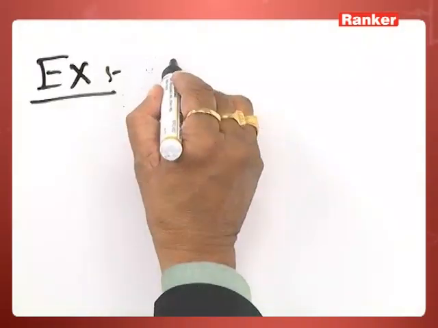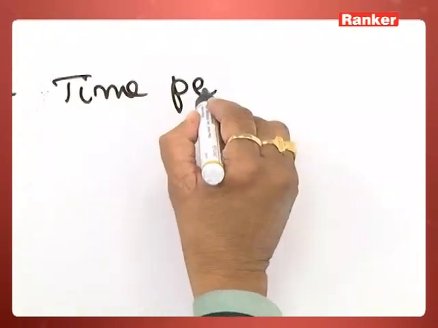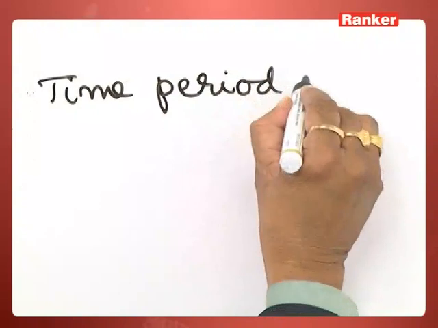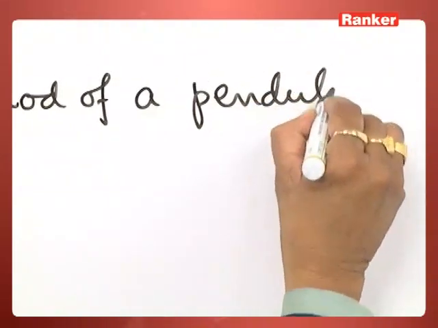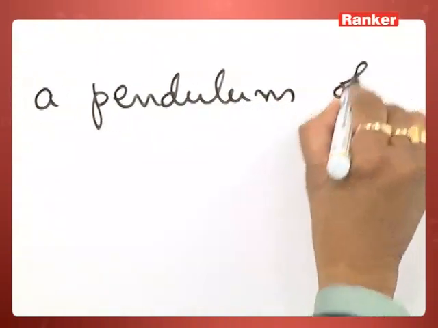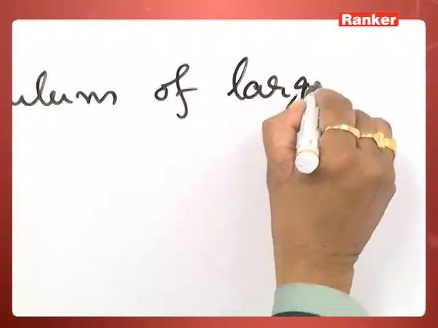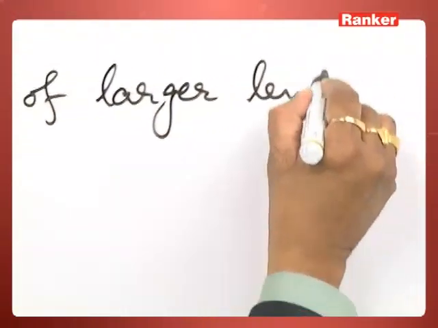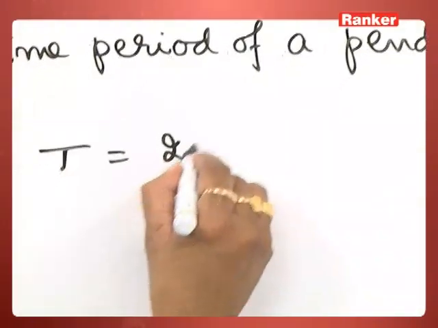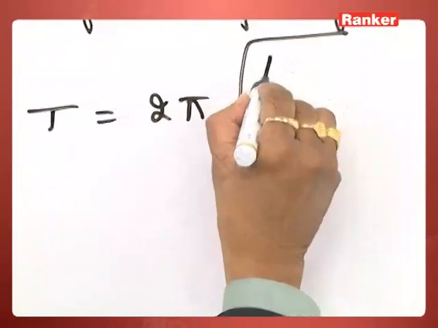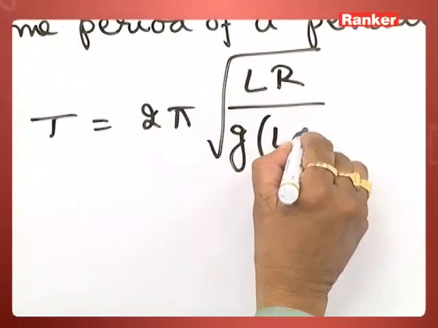So, what would be the time period of a pendulum of larger length? That is the concept. You can remember this formula: 2 pi under root LR by G into L plus R.